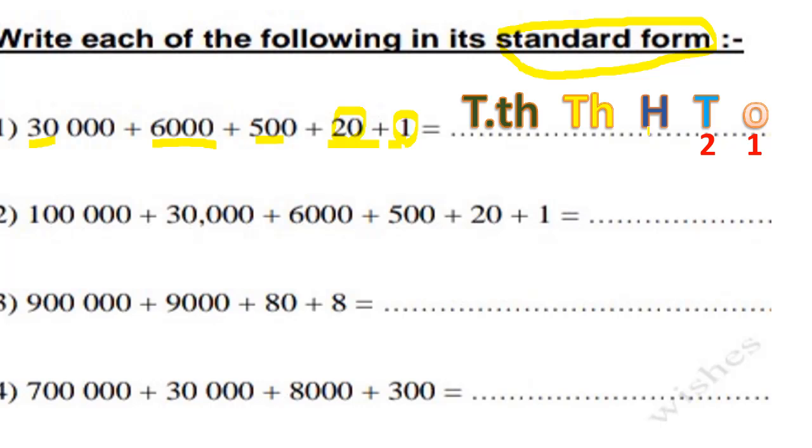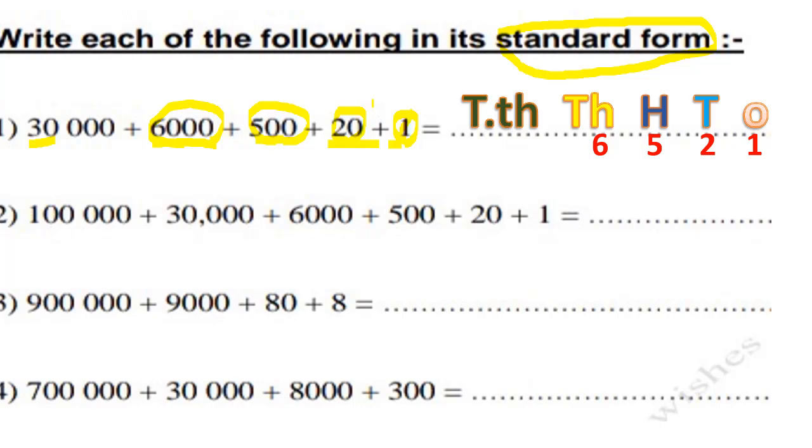Okay. Now I look for the number which has 2 zeros to put it in hundreds place. Which number here? Yes, it's 500. So I will write number 5 here in hundreds place. Then in thousands, I look for the number which has 3 zeros. So here I have 6. So I will write number 6 in thousands place.